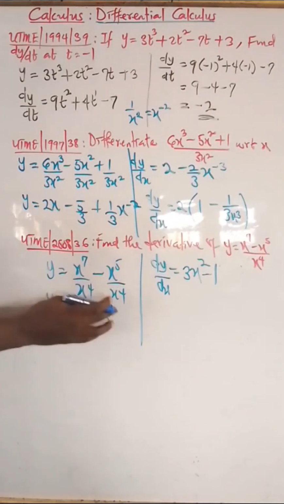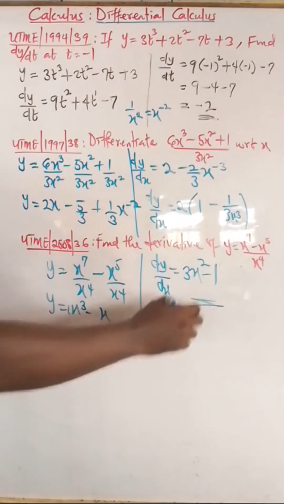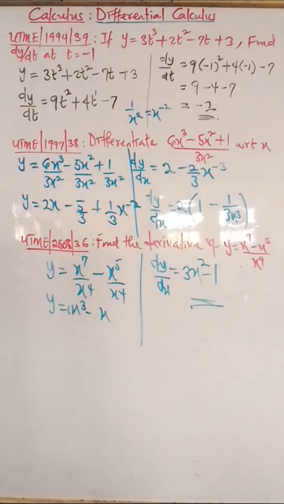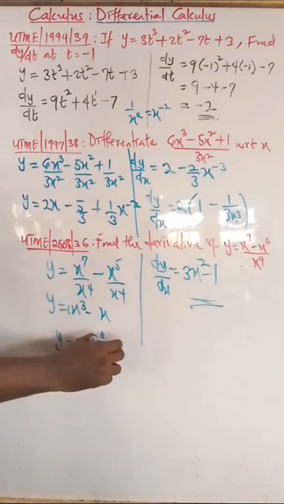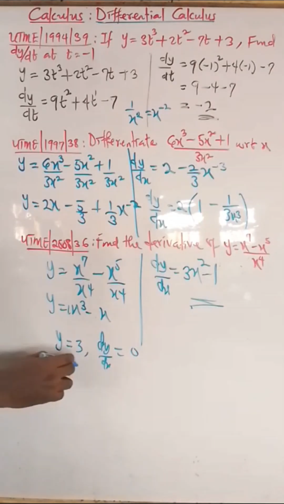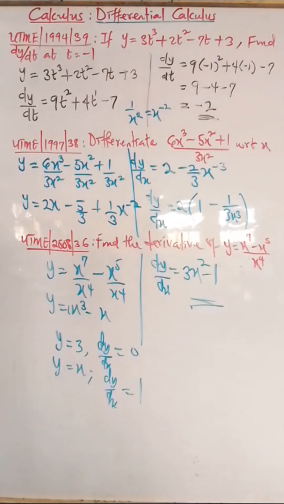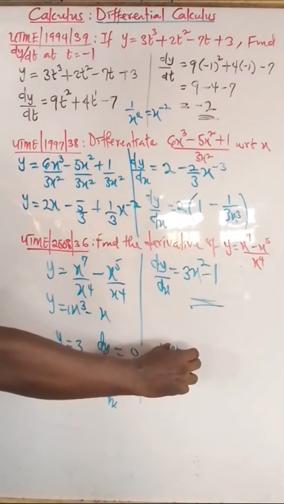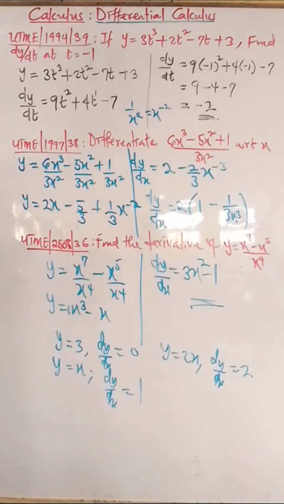So if you differentiate x, you get 1. If y is a constant, let's say 3, dy/dx is 0. If y equals x, dy/dx equals 1. If y equals x squared, dy/dx equals 2x.